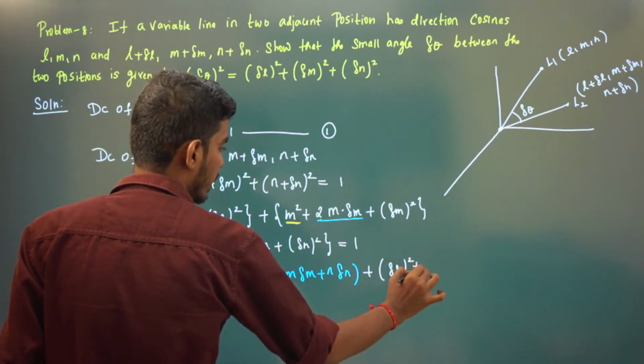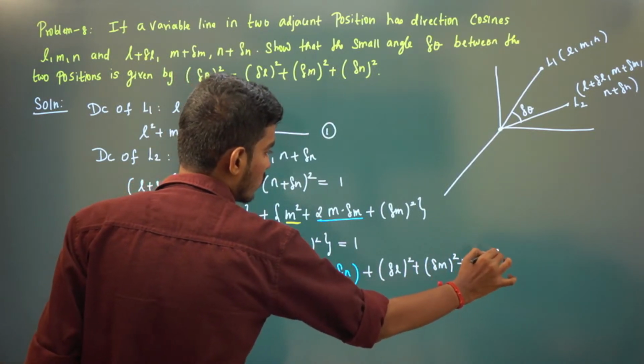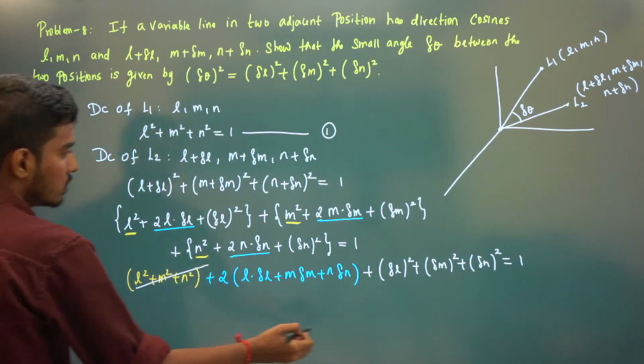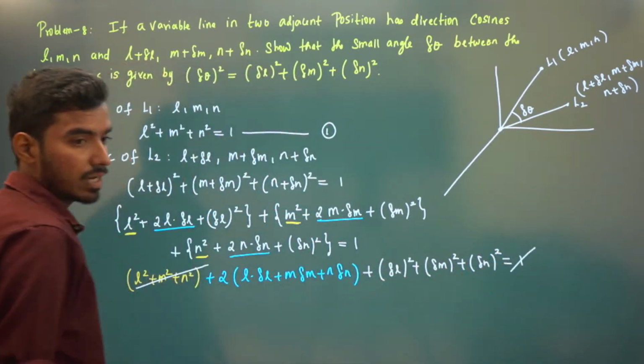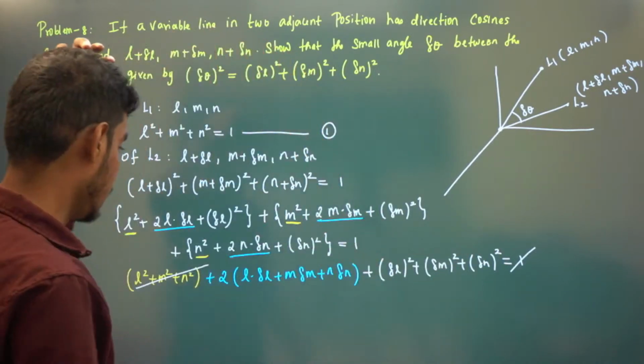Delta L whole square, delta M whole square, delta N whole square is equal to 1. This value is 1, right? So this value and this value will get cancelled because L square plus M square plus N square is 1. So 1 and 1 will get cancelled.